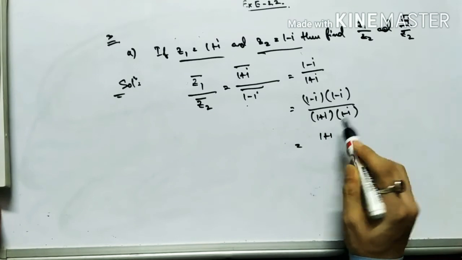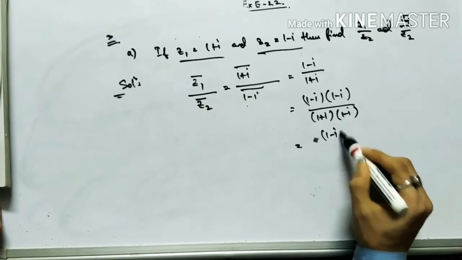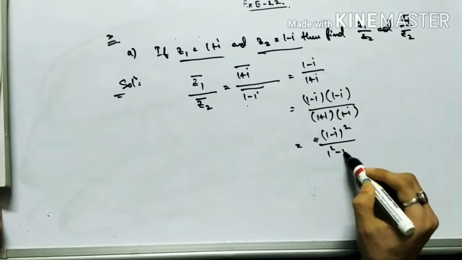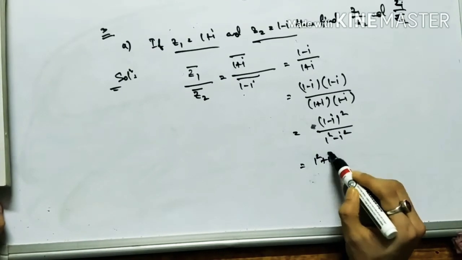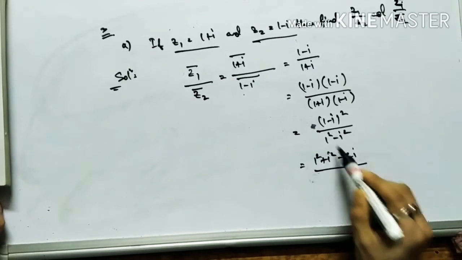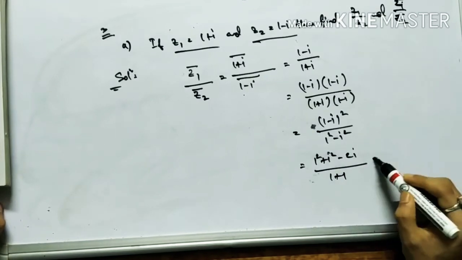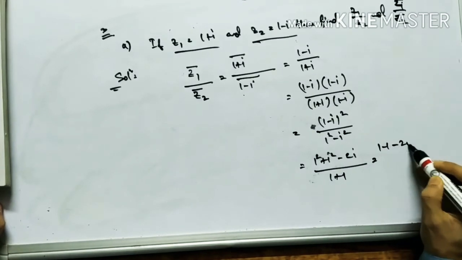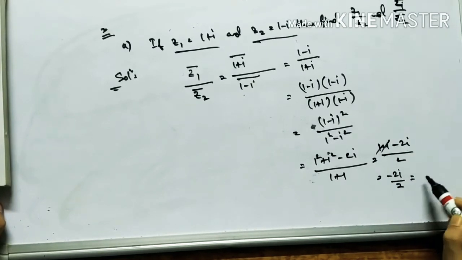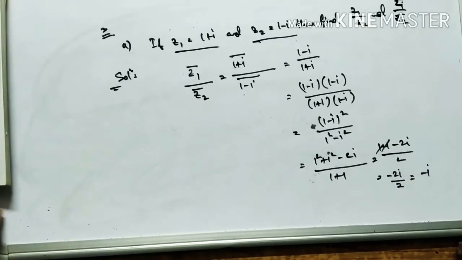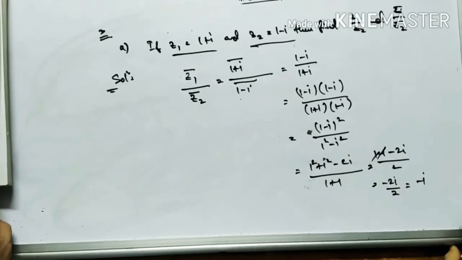This one I get (1 minus i) the whole square, and this one I get 1 square minus i square. This one I break with the formula: 1 square plus i square minus twice i, and this is 1 plus 1. So this is 1 minus 1 minus twice i by 2. Discarding, minus twice i by 2 gives me minus i. Understand? This is my answer.